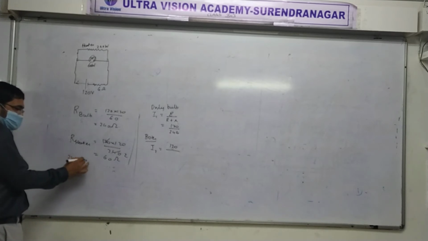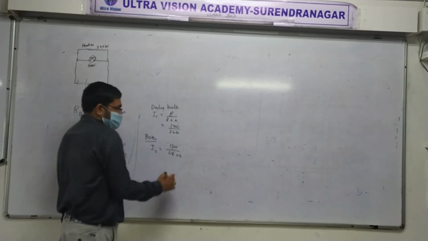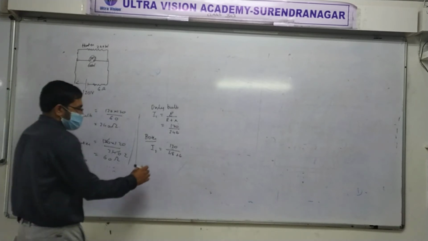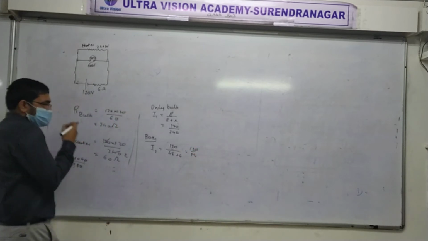You can cancel, so 48. Yes. 48 plus 6. Agreed? So this is 120 upon 54. Okay, so this is the current.